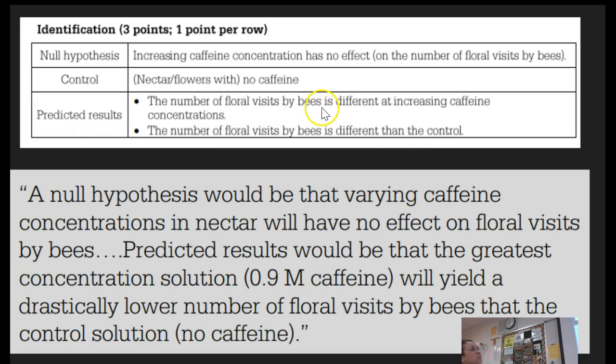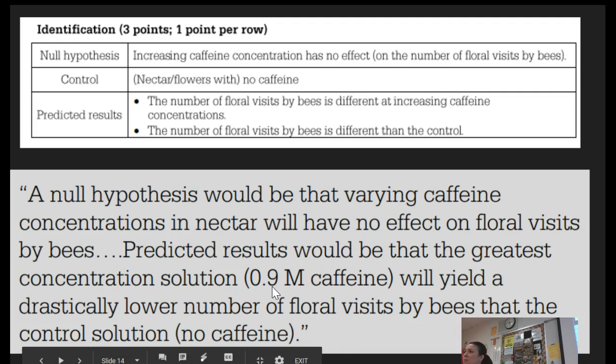Maybe the number of visits by bees is different with increasing concentrations, or it's different than the control. And in this student's answer, they must have talked about different levels of treatment. So that's where they got the 0.9 molar caffeine from, because that was in their experiment.